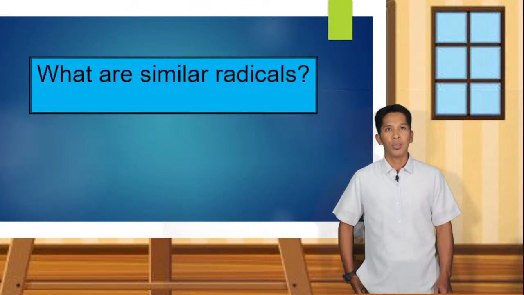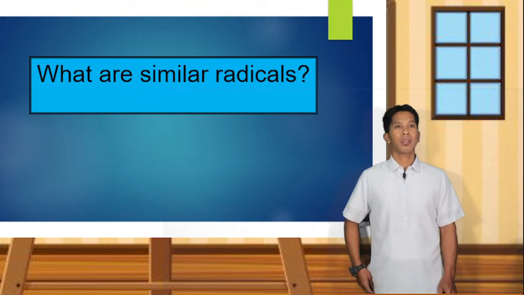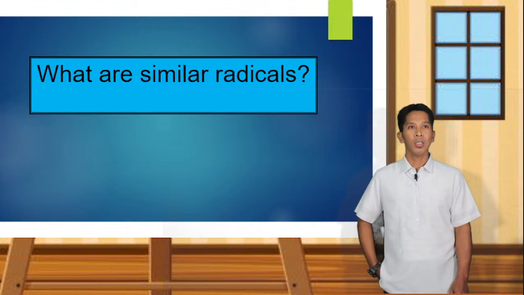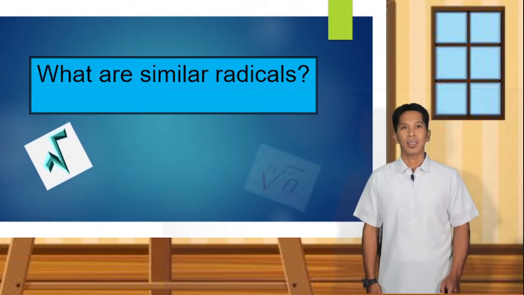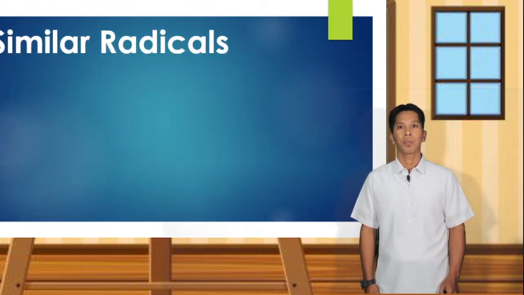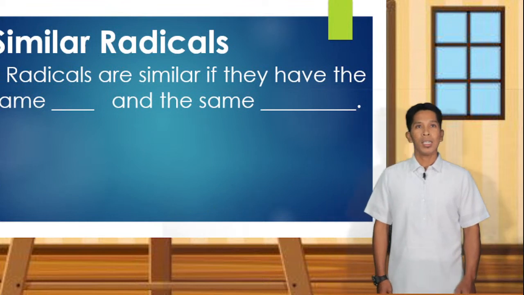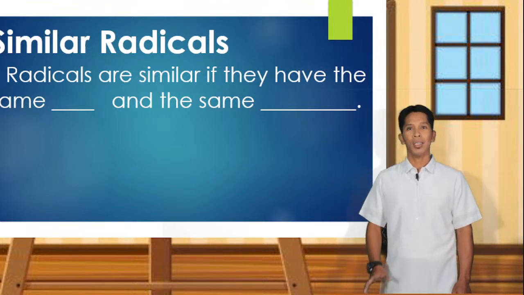Now, I want you to answer this question. Based on our activity, what are similar radicals? In order to answer this question, I want you to complete this sentence: Radicals are similar if they have the same blank and the same blank. So what are the missing words here?